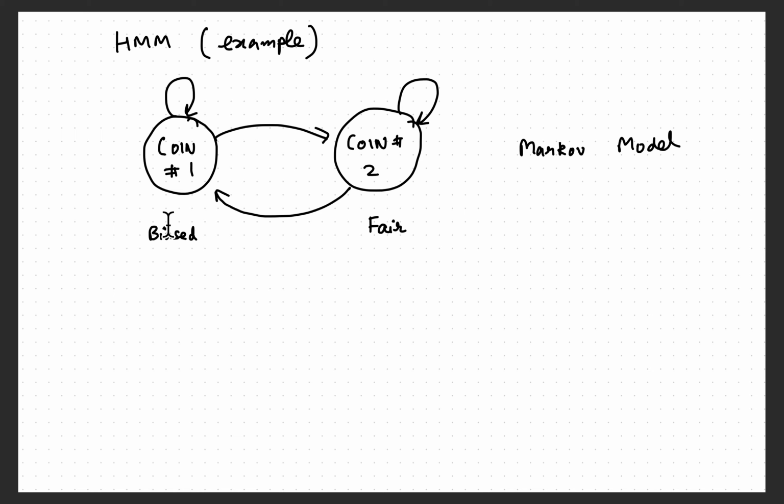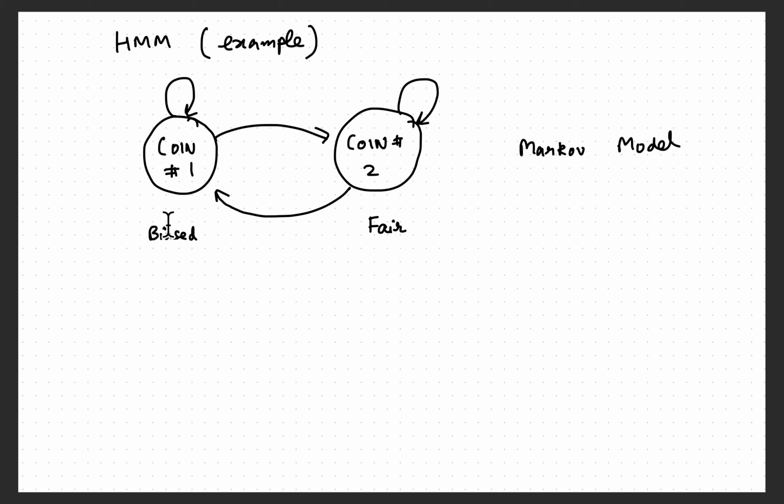Now, let's try to relate the HMM with the Markov model we have studied thus far. We can very easily see that there are two coins. Let's apply a Markov model on those two coins, or these can be basically different states your system is in. Your system could be either in a biased state at any particular point of time or in a fair state.